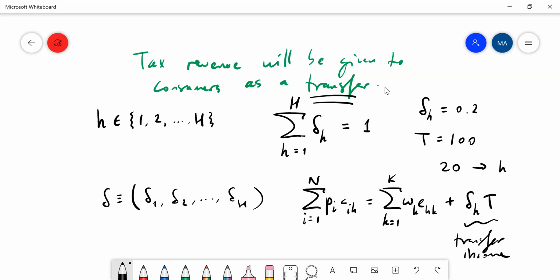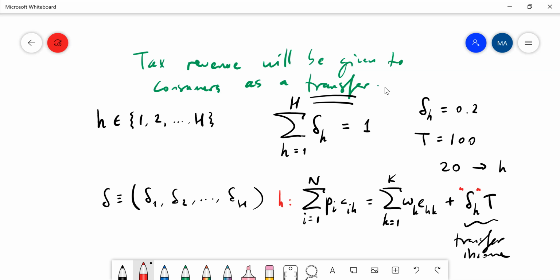So this is for household H, obviously, right? The total transfer income this household receives depends on the weight that the government determines for this household.